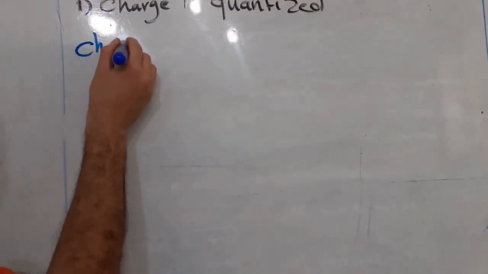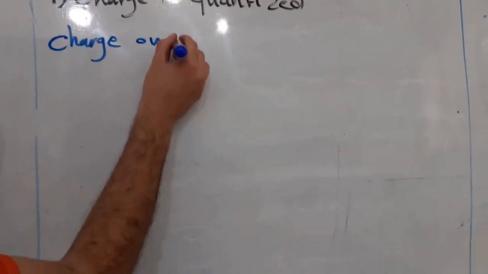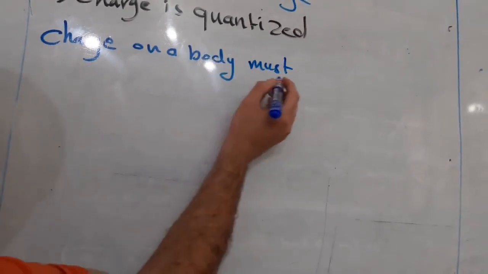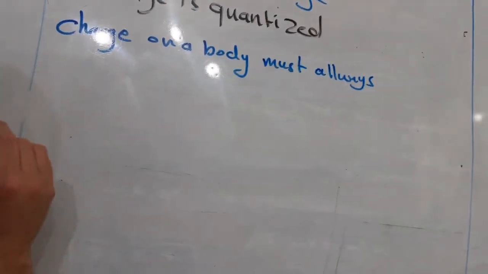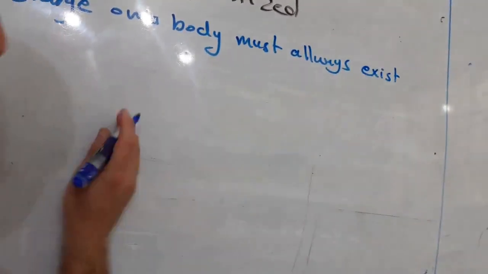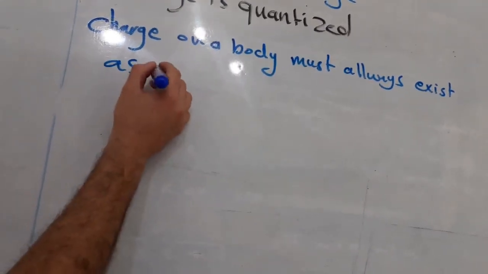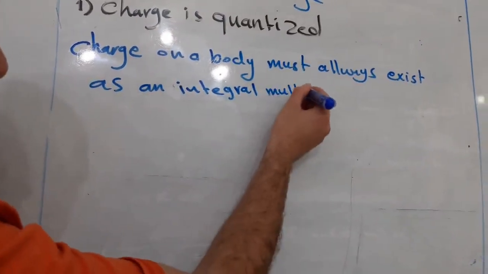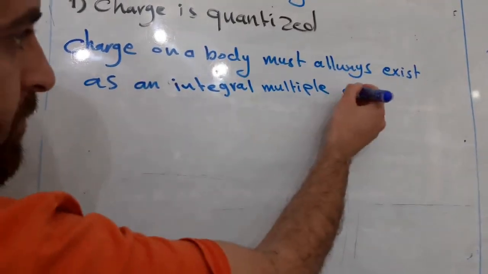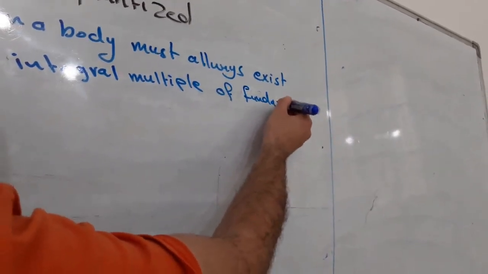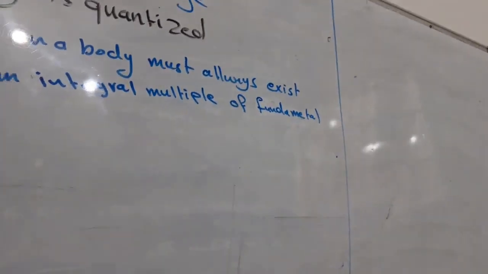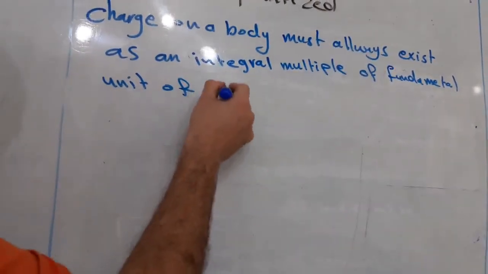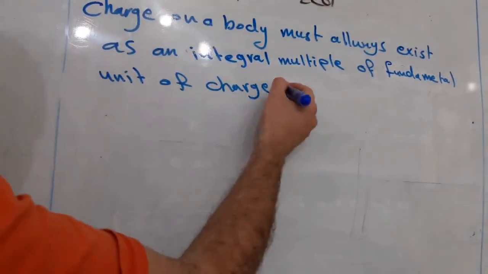Charge on a body must always exist as an integral multiple of the fundamental unit of charge e.